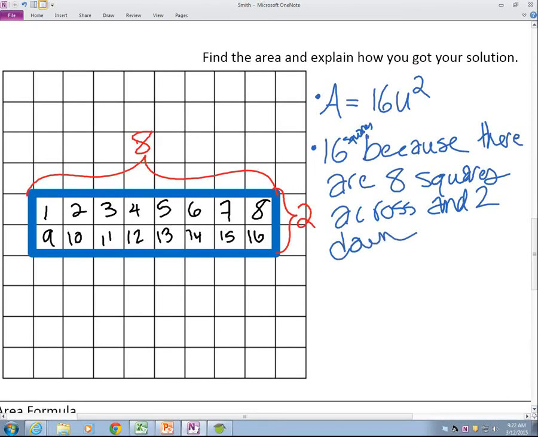Good. And I just labeled those. Yep. 8 across and 2 down.